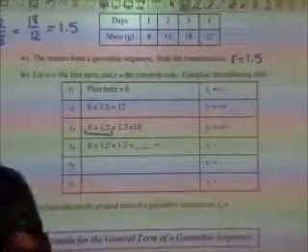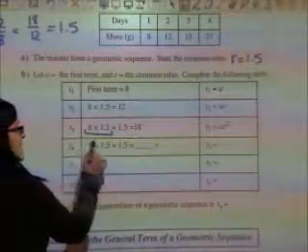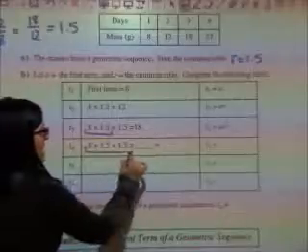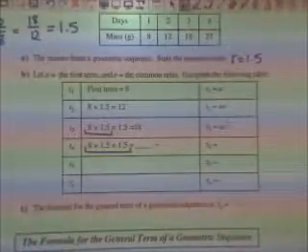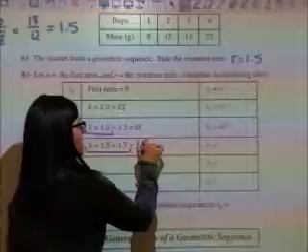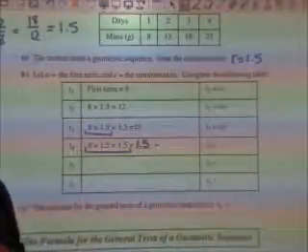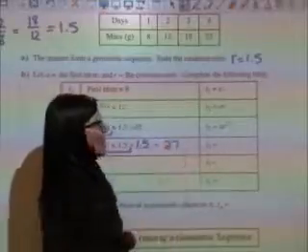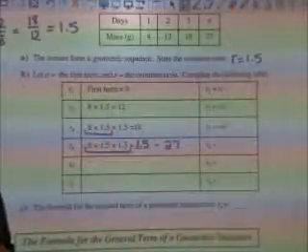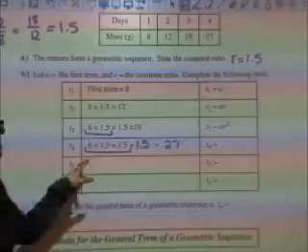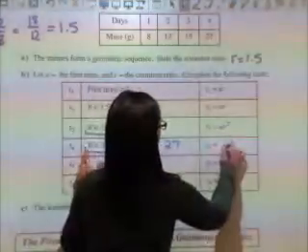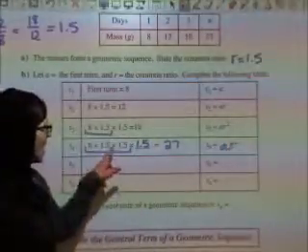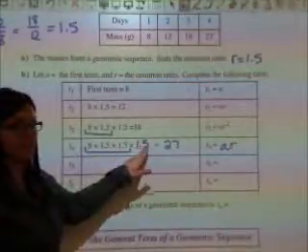For the fourth day, it's the same as taking the term from the third day, which was 8 times 1.5 times 1.5, and multiplying it by 1.5 again. And that gives me my value of 27. In terms of A's and R's, it's the same as taking my A and multiplying it by R to the power of 3.